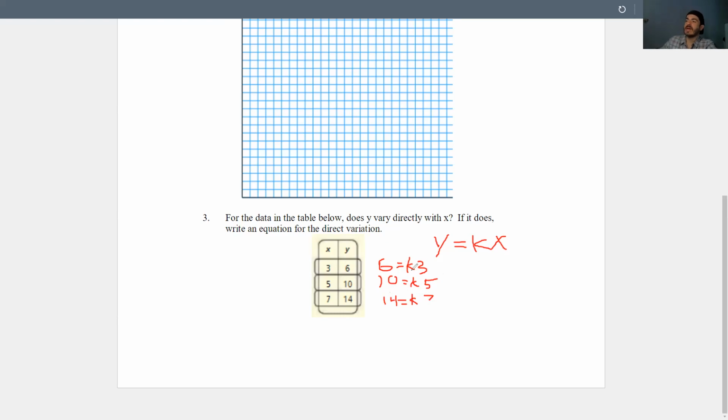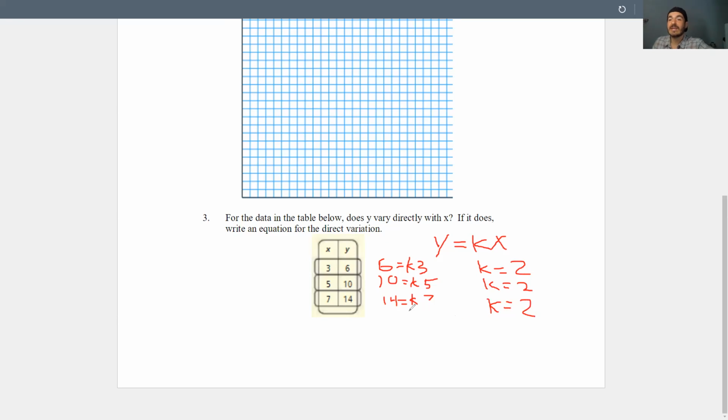Well, if I divide both sides by 3 here, I get k is equal to 2, because 6 divided by 3 is 2. If I divide both sides by 5 on the second data point, 10 divided by 5 is 2. And if I divide both sides by 7 on the third data point, 14 divided by 7 is 2.